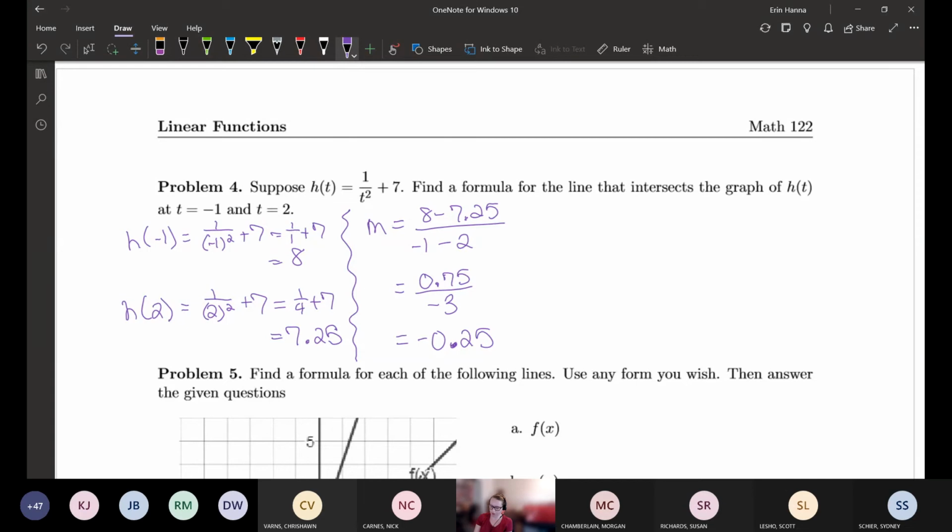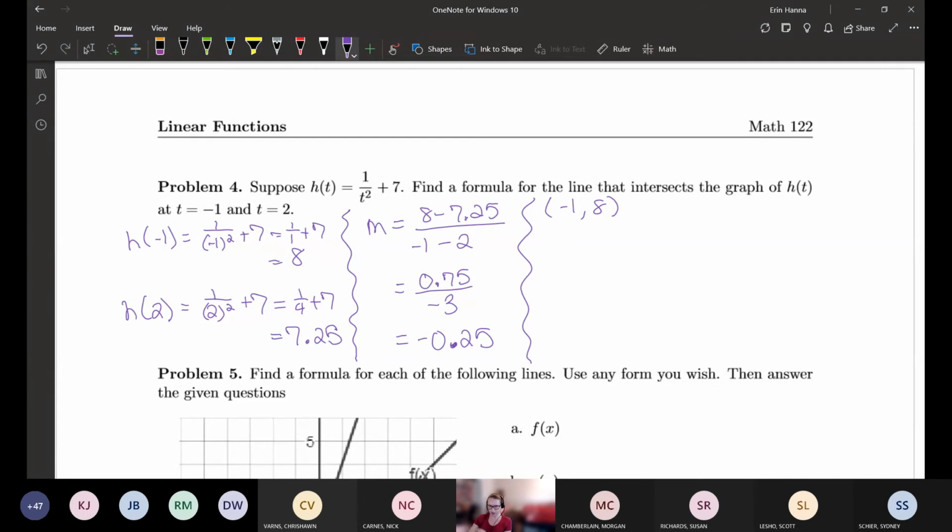Now that we have our slope, we get to choose one of the points. So we can either choose -1, 8 or 2, 7.25. Since one of them doesn't have a decimal in it, I'm going to pick that one. I think it's nicer. But again, as long as you've done everything else correctly, it doesn't matter which one you pick. We're going to plug it into our y equals mx plus b format.